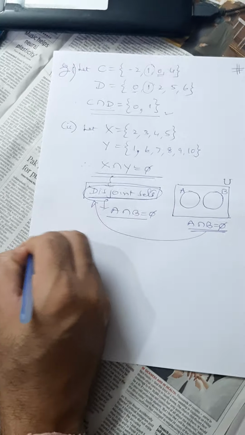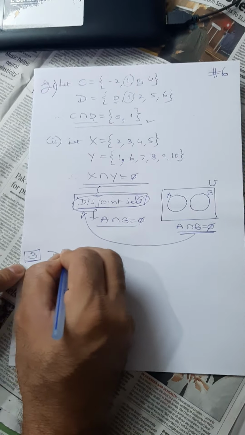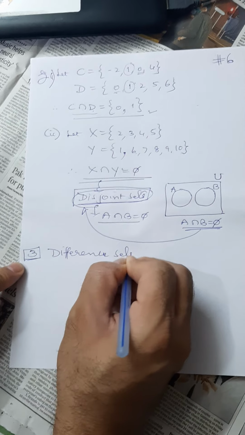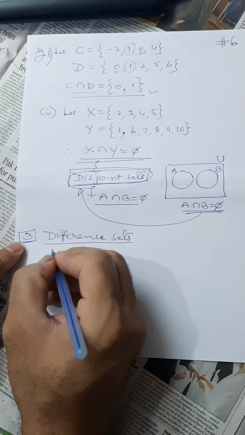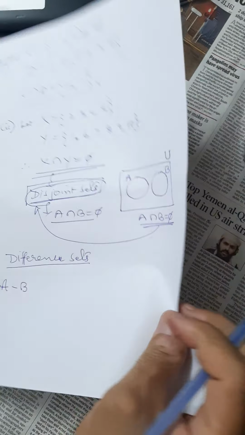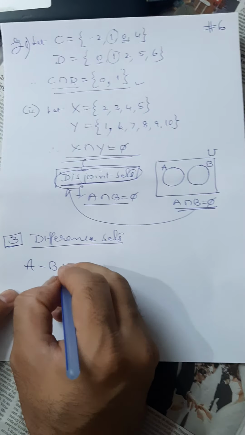Okay. Now the next one, which is the difference of sets. It's like our subtraction operation. So A difference B is one difference set.